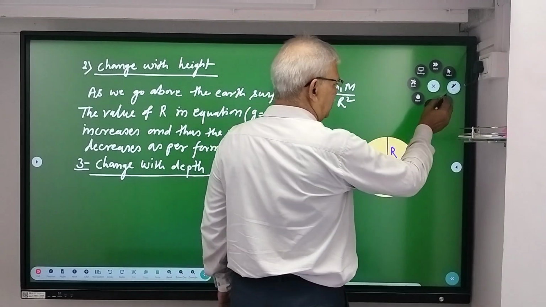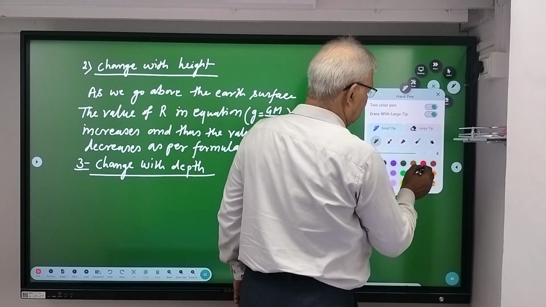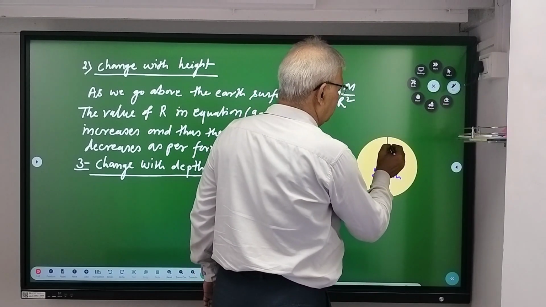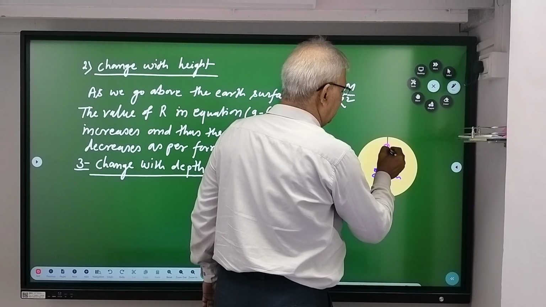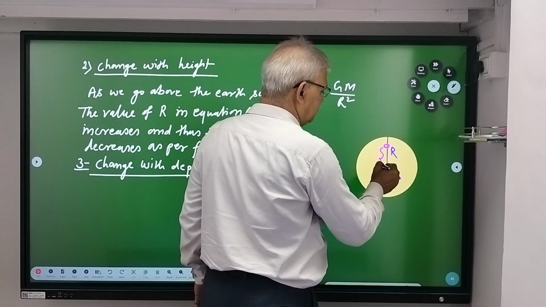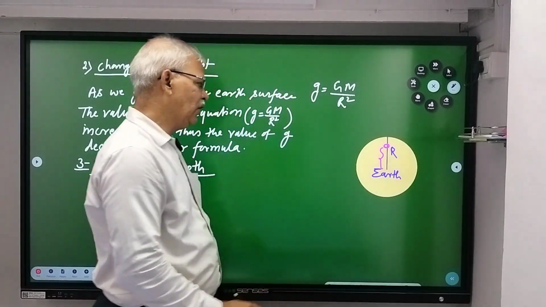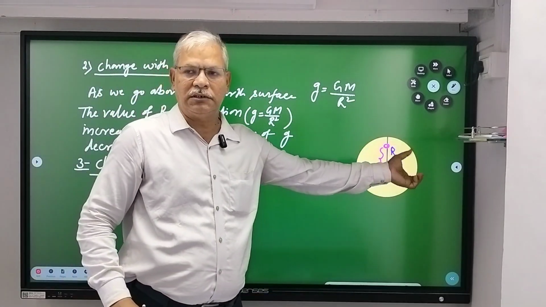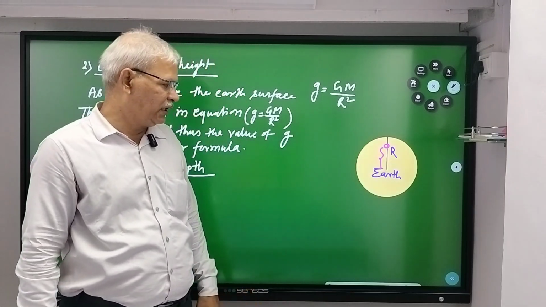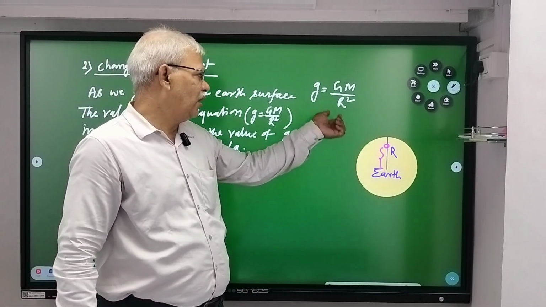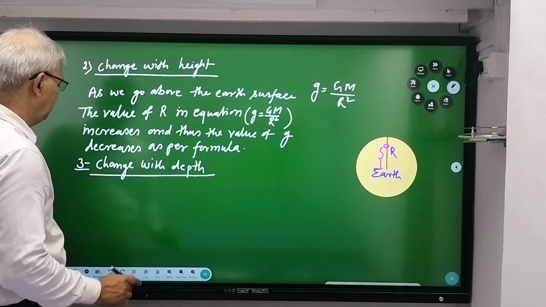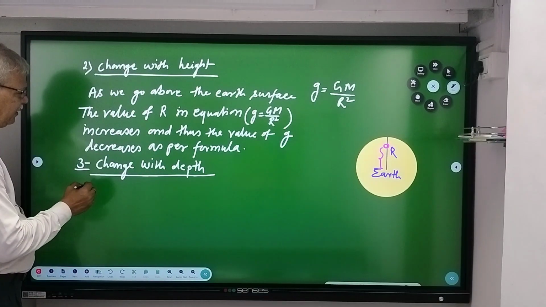Now see here, suppose the object is somewhere here, then what will happen? This R, value of R will decrease. Okay? As the value of R will decrease, the value of G should increase. Understood?